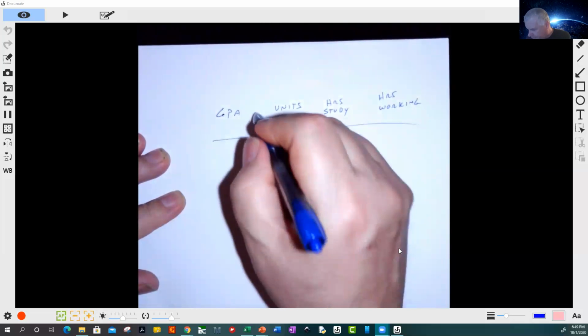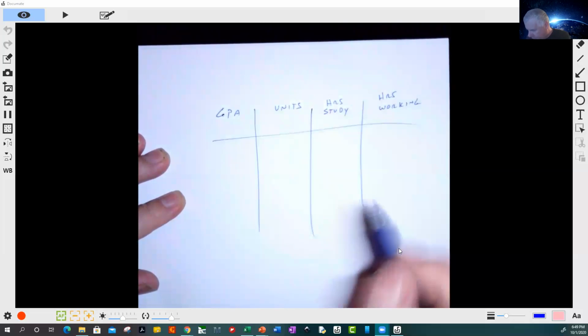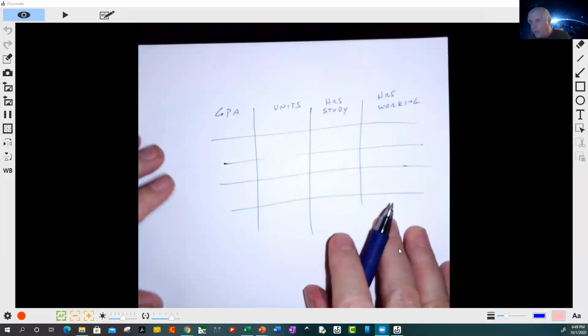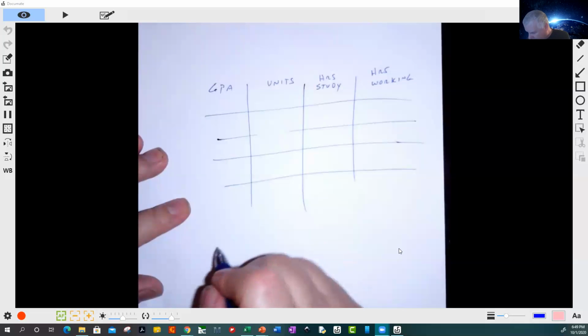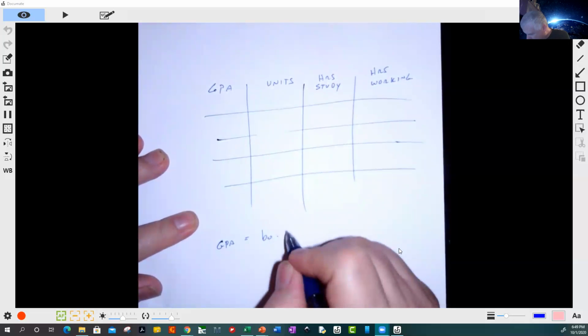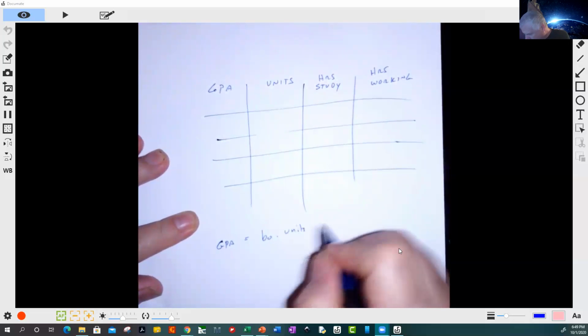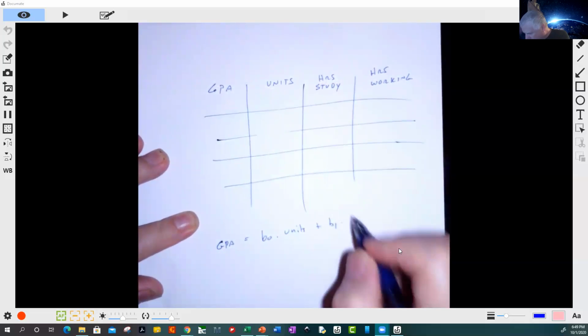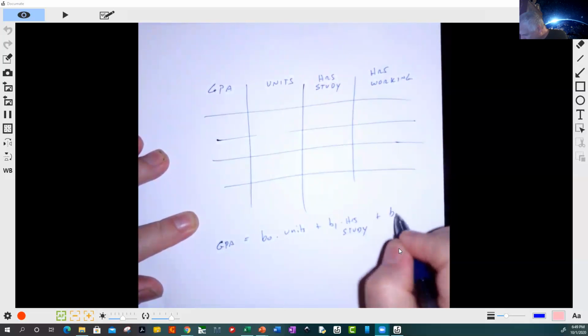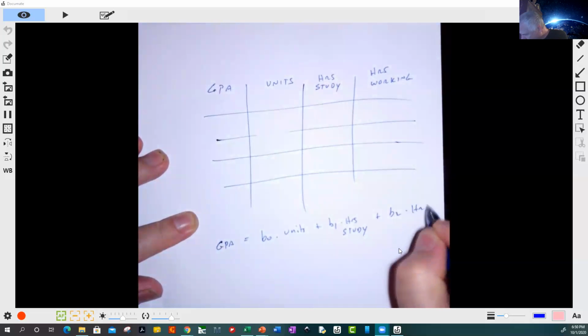Right? We've got data here, right? And the model is going to be that GPA is equal to B0 times units plus B1 times hours studying plus B2 times hours working.